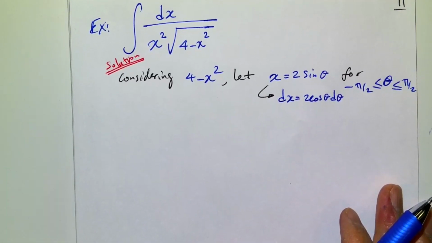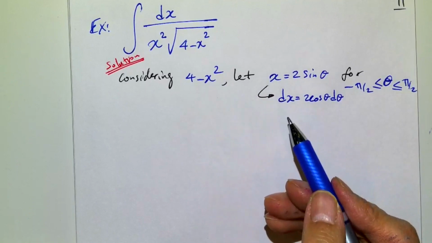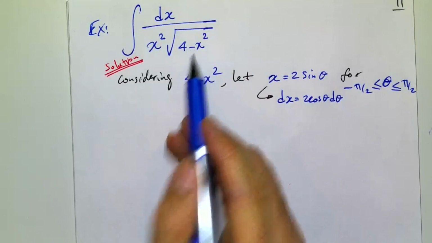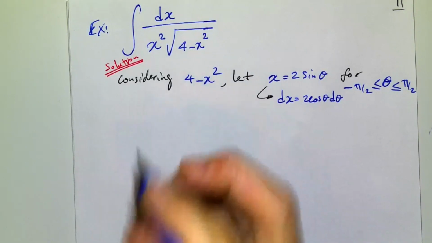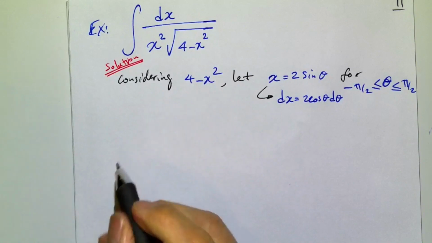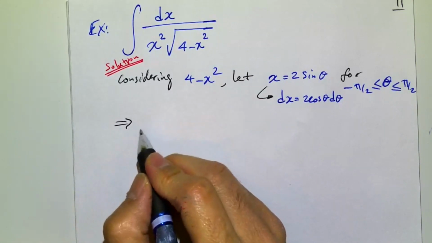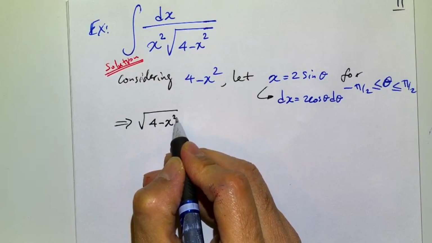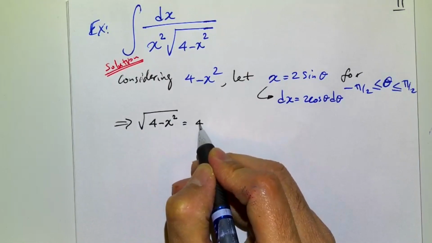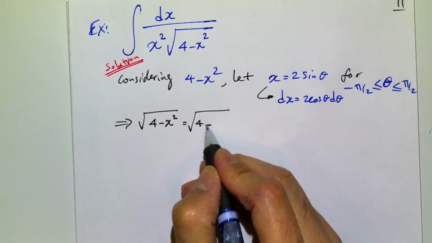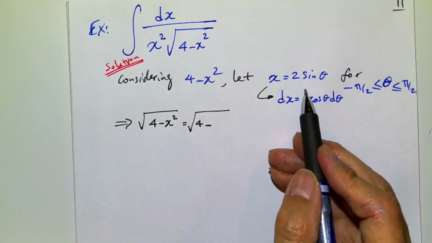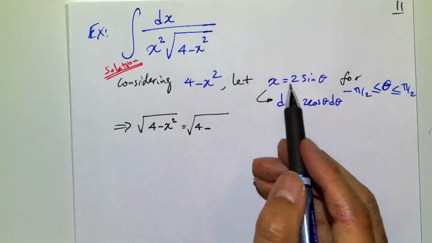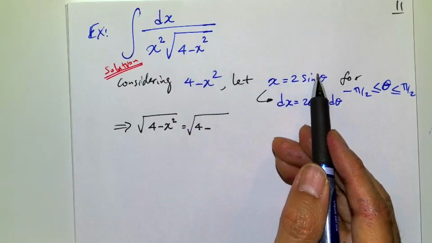So now let's see what we can substitute this for. I'm just going to start with that. Therefore, we start with 4 minus x squared. So this would be 4 minus, if we substitute 2 sine theta for x, we get 2 squared, x squared, we get 4 sine squared theta, right?